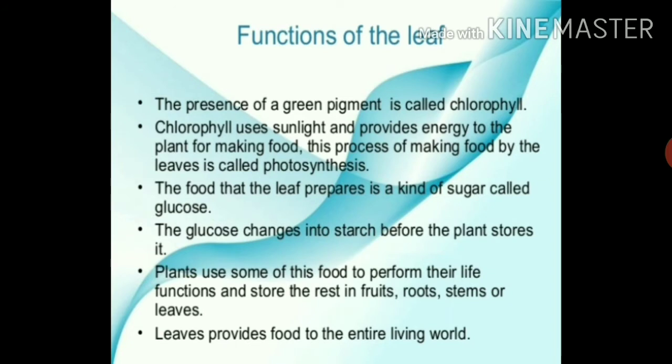It means that the stored food in the plant is in the form of starch. Plants use some of this food to perform their life functions and store the rest in fruits, roots, stems or leaves. Leaves provide food to the entire living world.